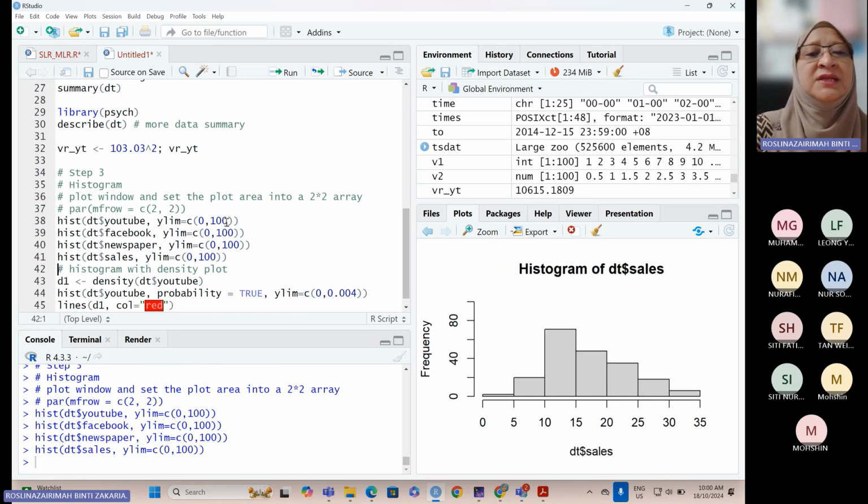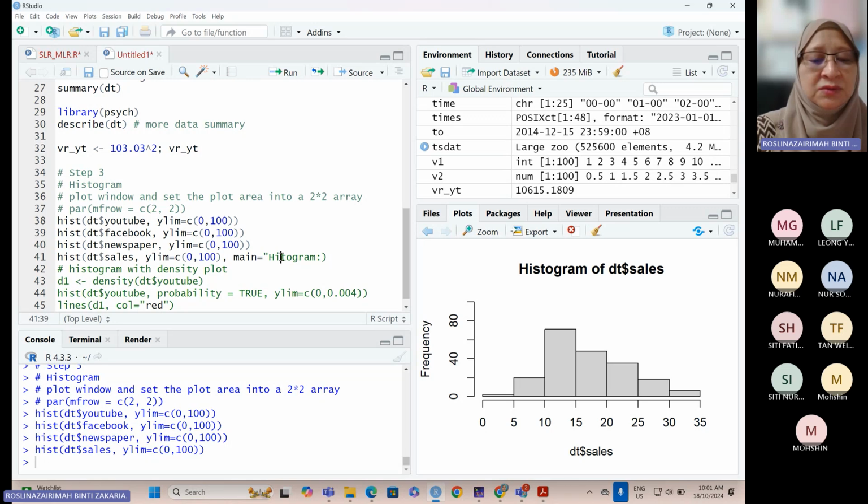Actually I can adjust, because the title on the top is automatically histogram of data sales, for example. So I can change that. For example, I change the sales histogram; I should put main, the main title of this plot.